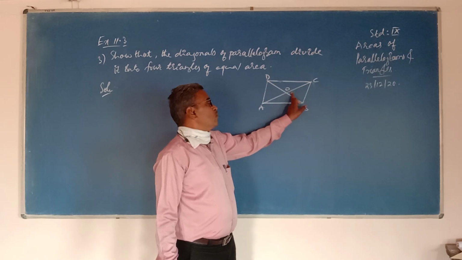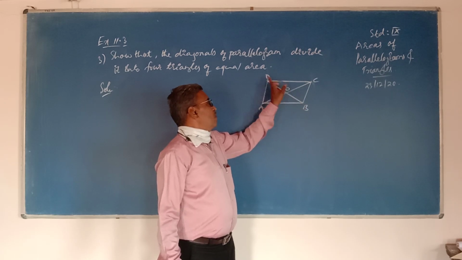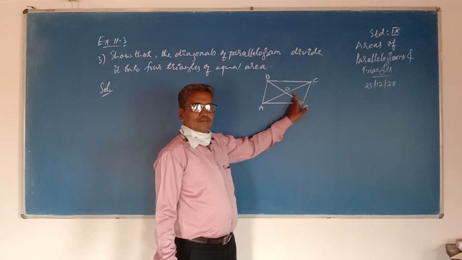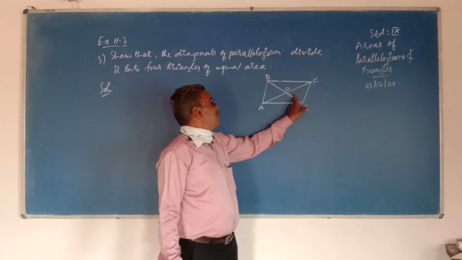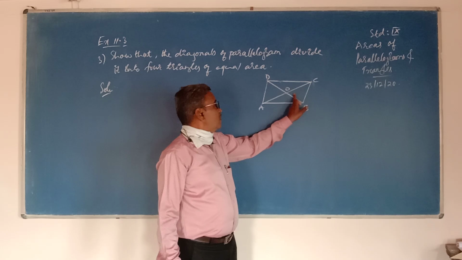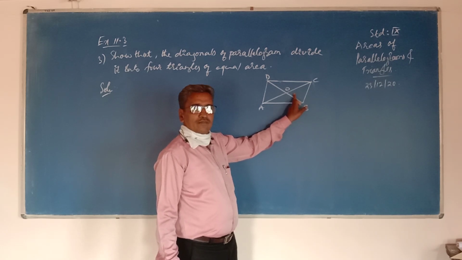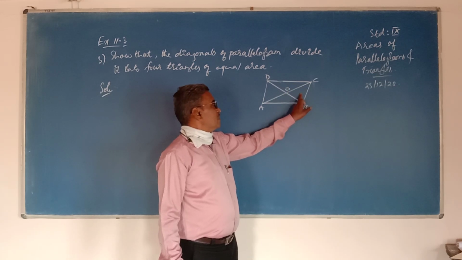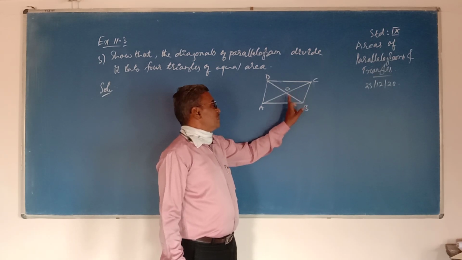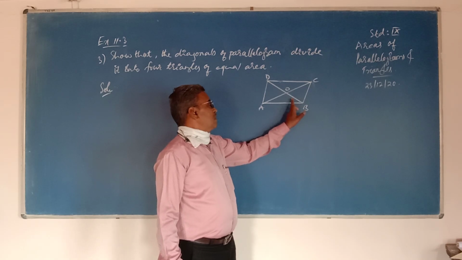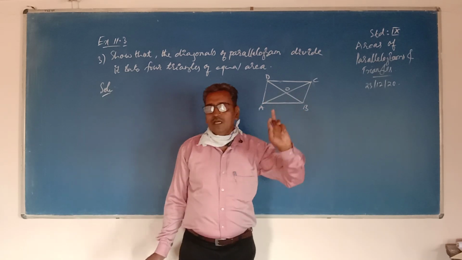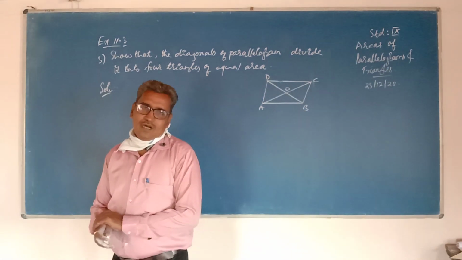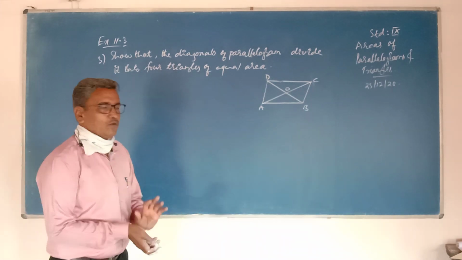O is the midpoint of AC means DO is the median of triangle ADC. So AOD equal to COD. Similarly, DOC equal to COB. Similarly, COB equal to AOB. Similarly, AOB equal to AOD. All are equal in area. In that way we are going to prove.